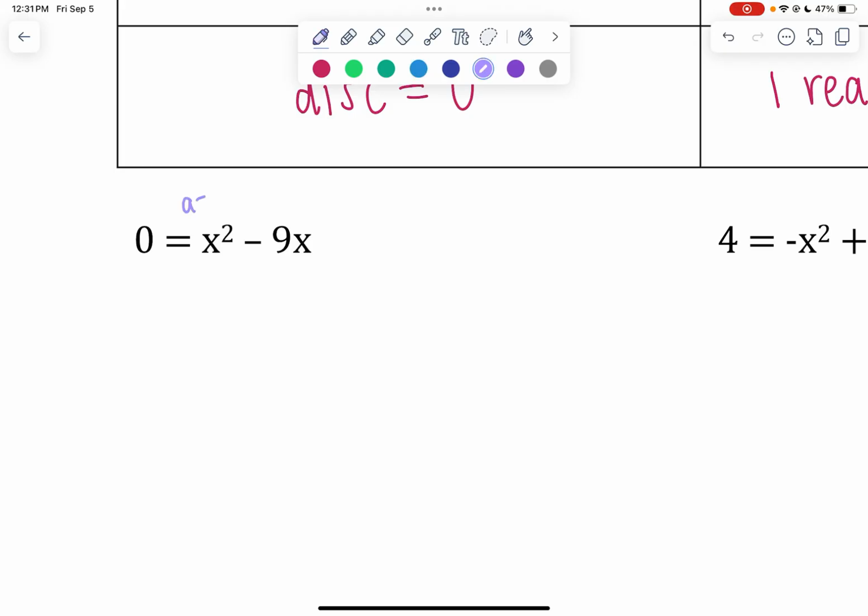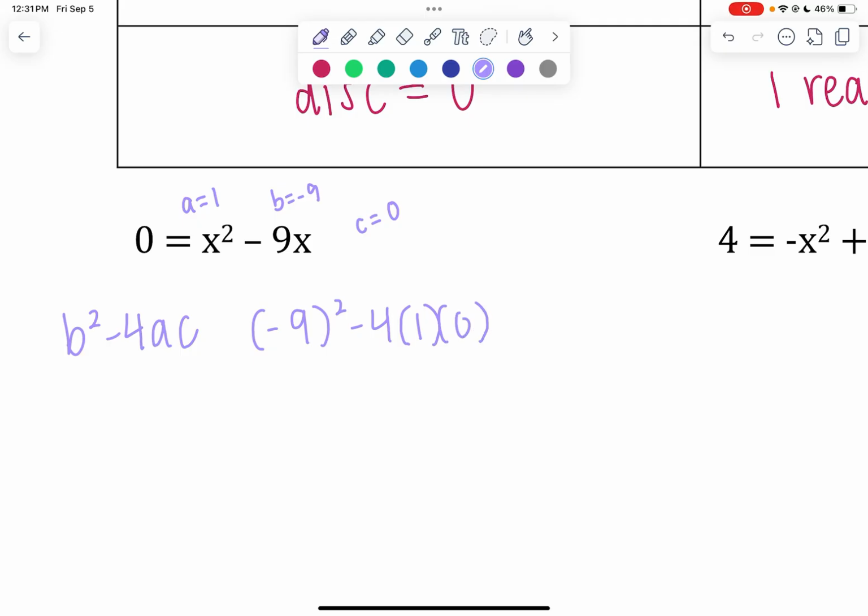I know that A is 1. I know that B is -9, and C doesn't exist, so C is 0 in this case. So when I go to do my discriminant, B squared minus 4AC, that would be -9 squared minus 4 times A is 1, and C is 0.